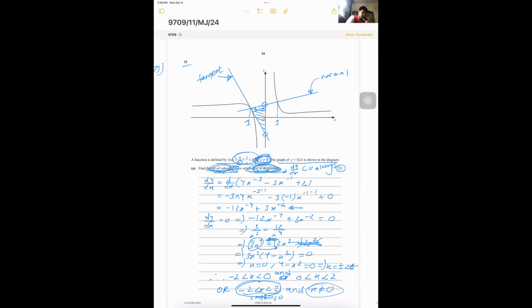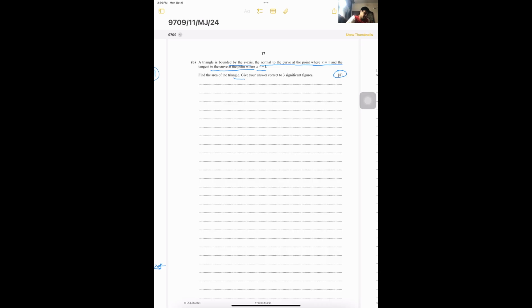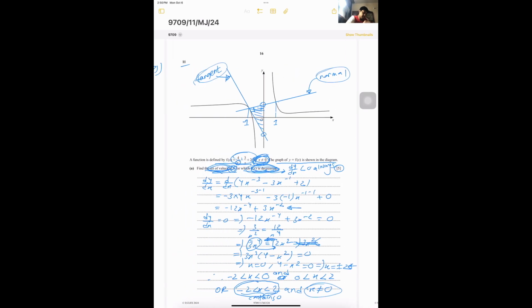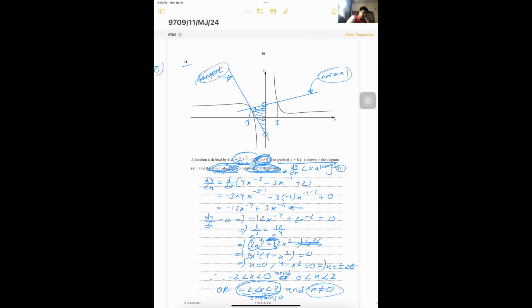To get these two coordinates, we first need the equation of the normal and the equation of the tangent. We'll do that. So first we need the full coordinates for x equal to -1 and x equal to 1.